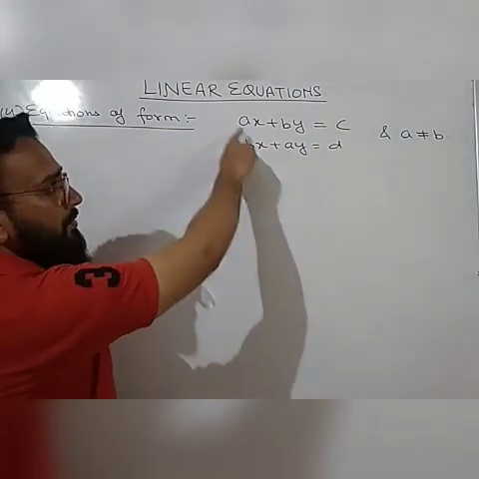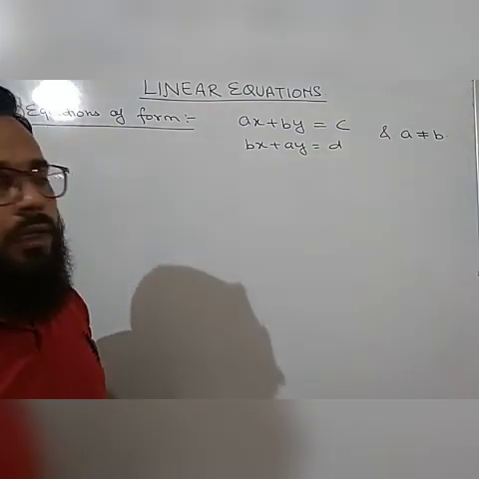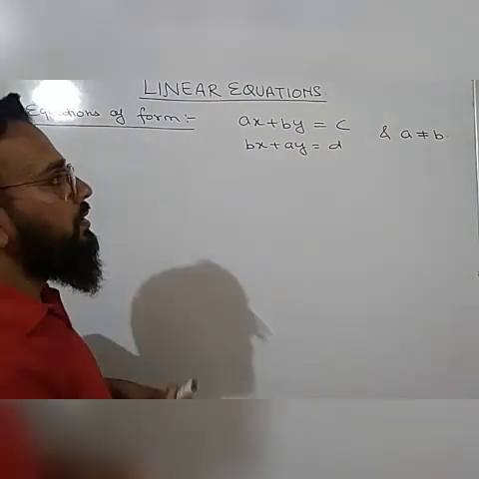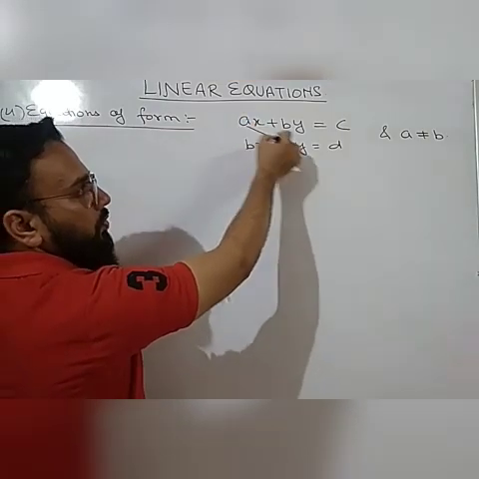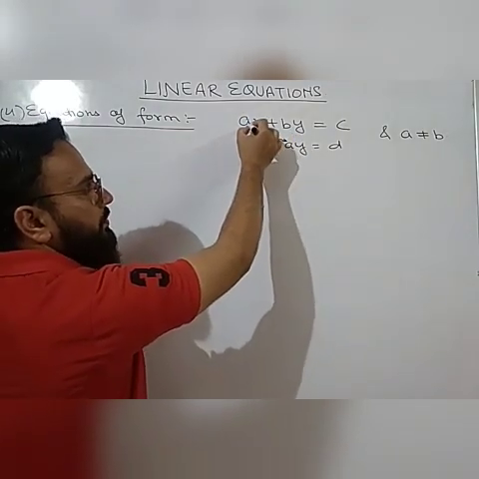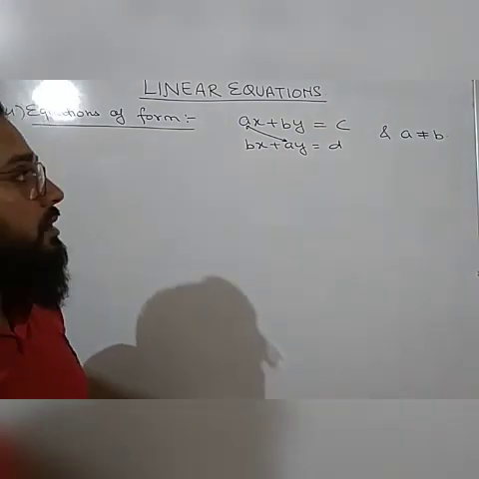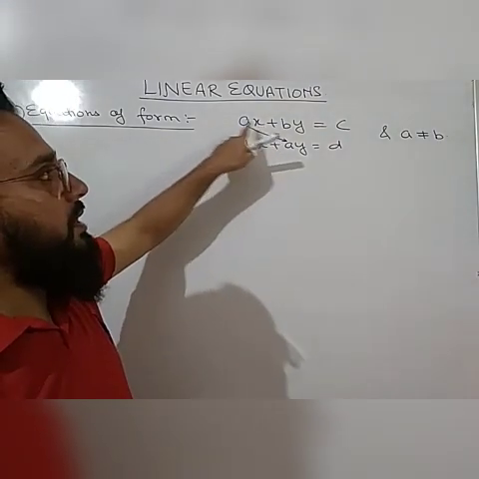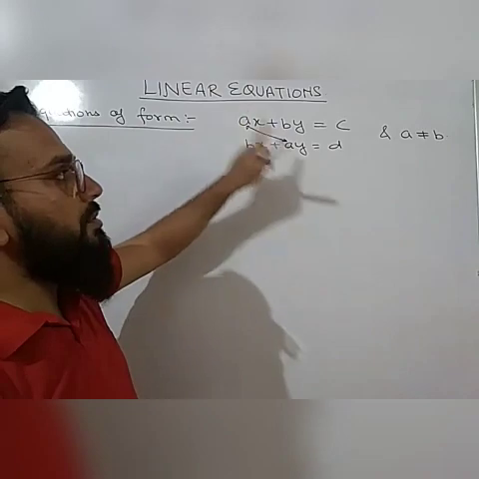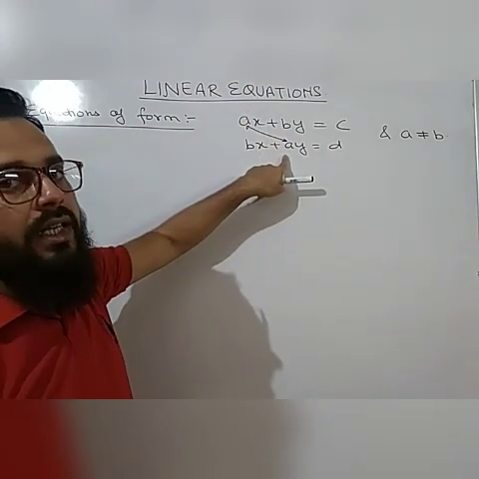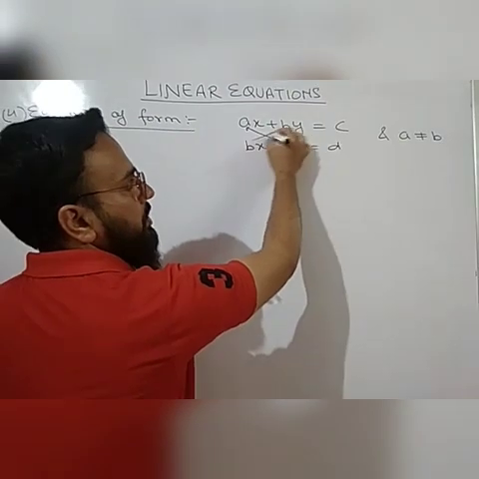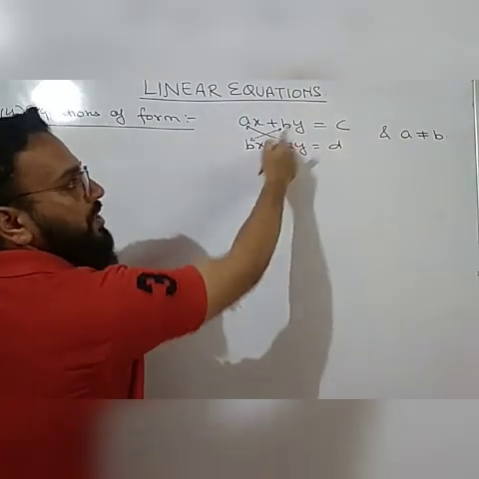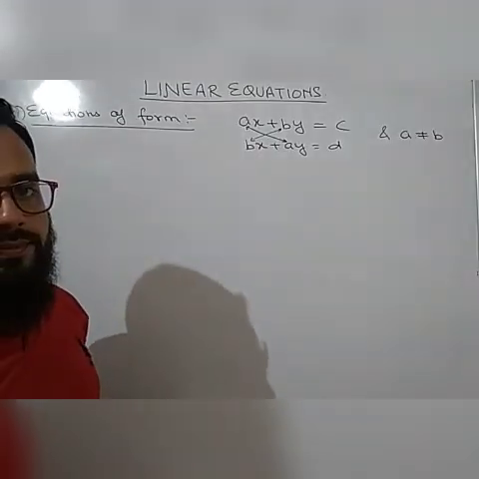Now if we look at both equations, what is the similarity? The similarity is that the coefficients are interchanged. It means the coefficient of x in the first equation becomes the coefficient of y in the second equation. Similarly, the coefficient of y in the first equation has become the coefficient of x in the second equation.